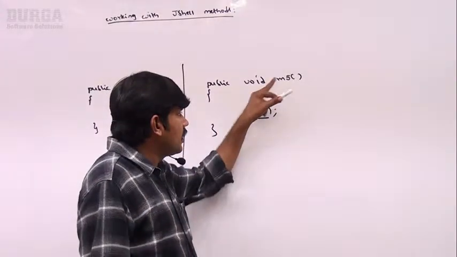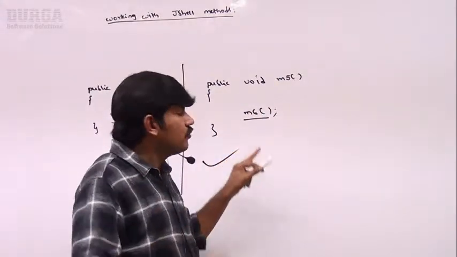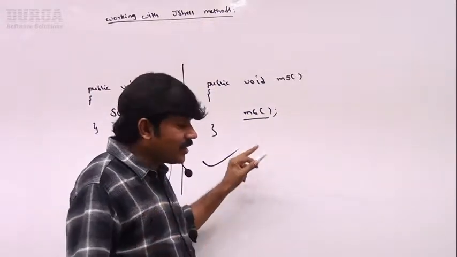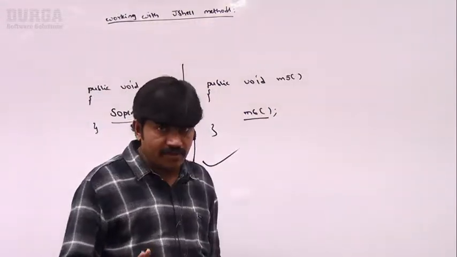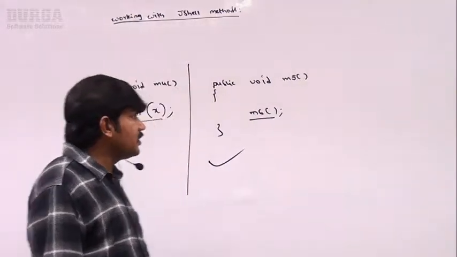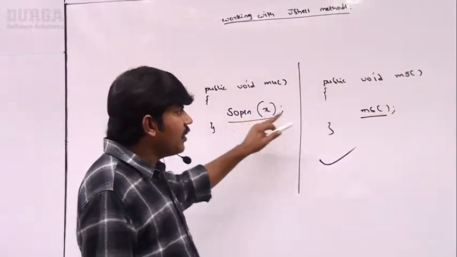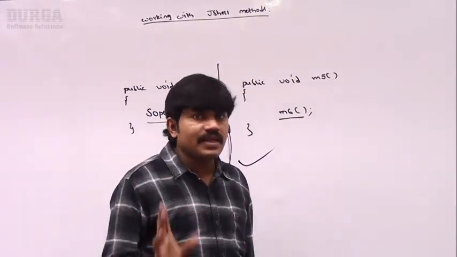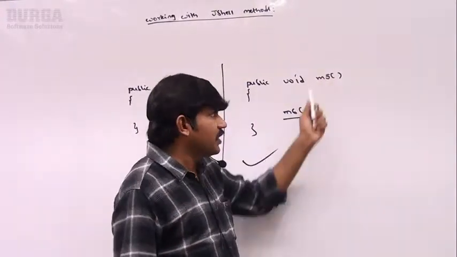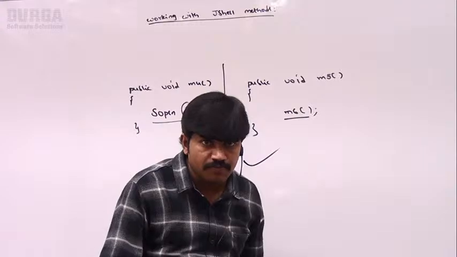But if you want to call this method, you compulsorily should declare m6. After declaring the m6 method, then only you are allowed to call the m5 method. So inside a JShell method, undeclared variables and undeclared methods you can use, but after declaring the required member, then only are we allowed to call those methods. Up to this clear, right?